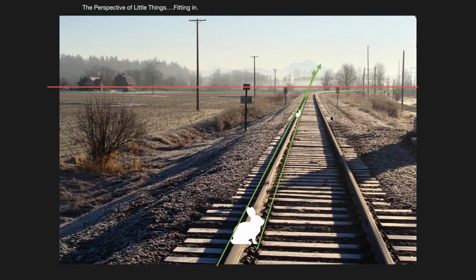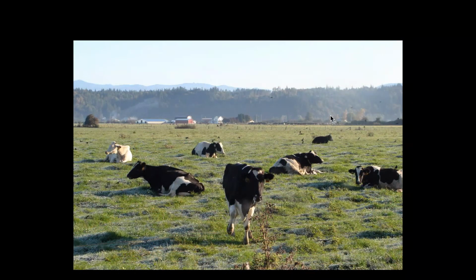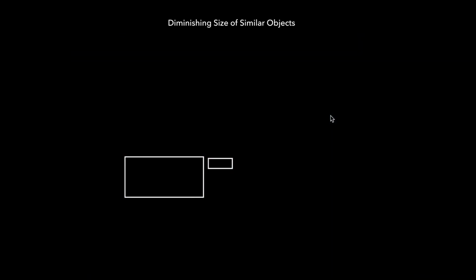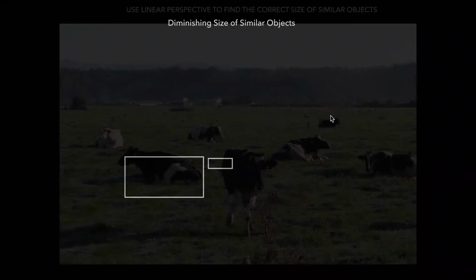He looks correct for this scene, except that he's all white and doesn't have any shadows, but that's another thing for another day. So here's a field of cows. And when we're thinking about why perspective works, we understand that things that are closer to us are larger than like-sized things that are further away. Those things are a lot smaller.